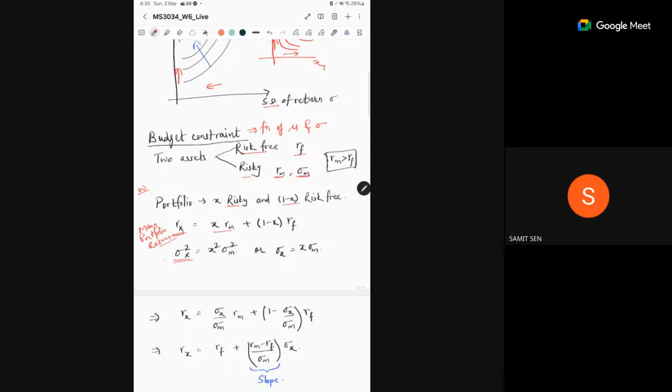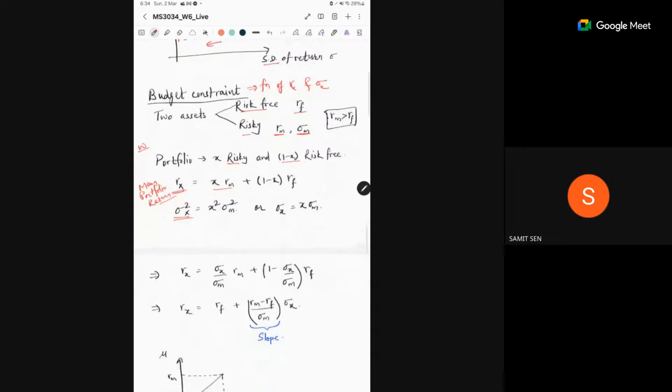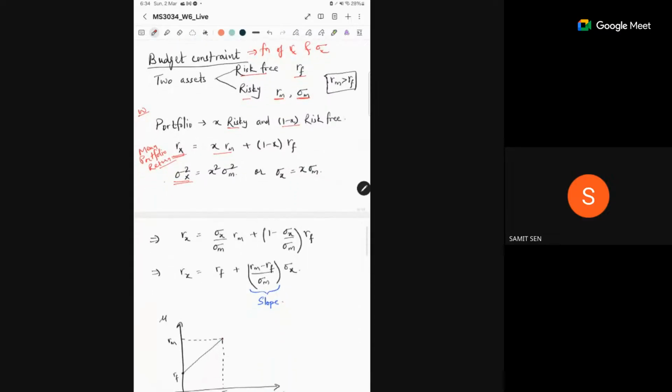Now I can combine both of them and get an equation in Rx and sigma x, as I told you I need. So what do I need to do? I need to remove this unknown parameter, that is X. How do we do that?